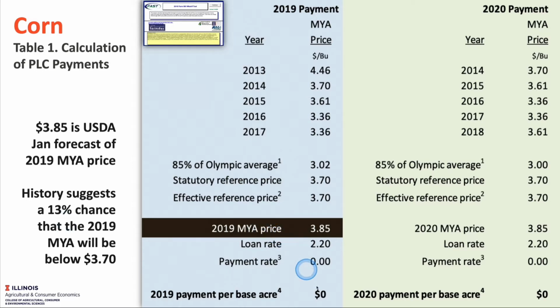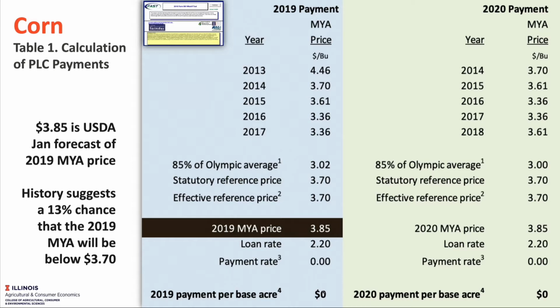And what Gary's describing there is addressing a question that came in about how the calculator we have online indicates a PLC payment when the market year average price is above the reference price. The distinction is that it's an expected PLC payment in our calculator, and it reflects the chance that we think the price is going to be 385.